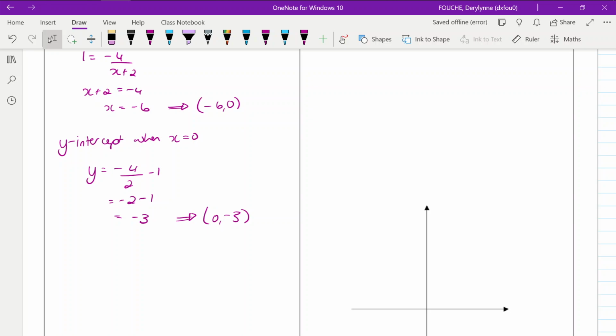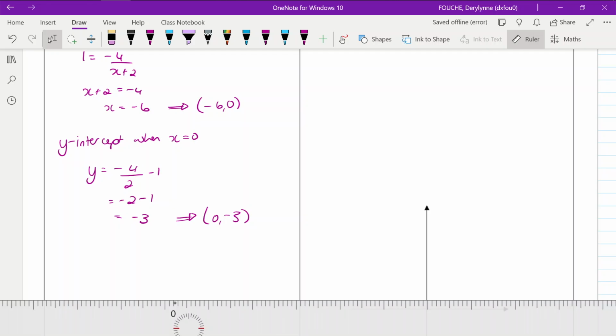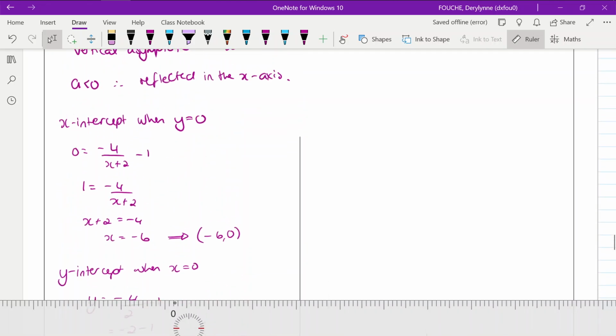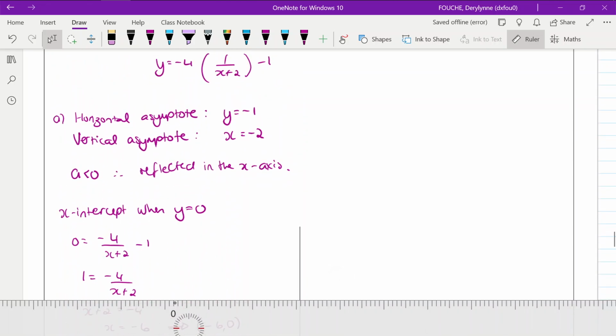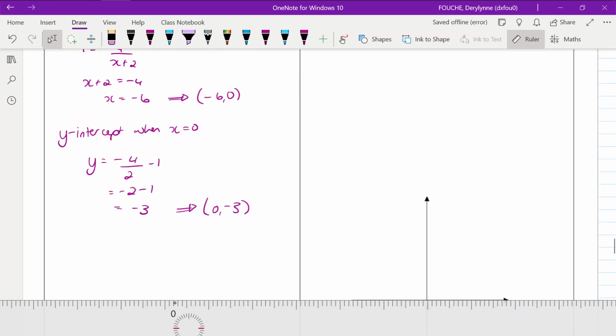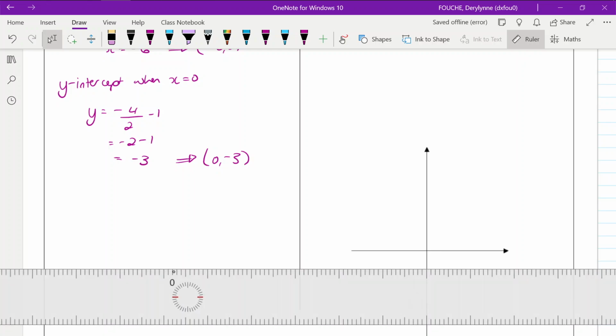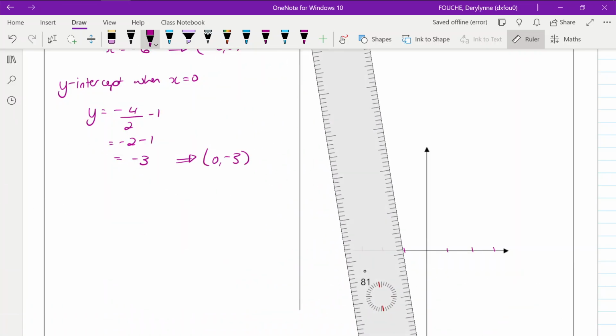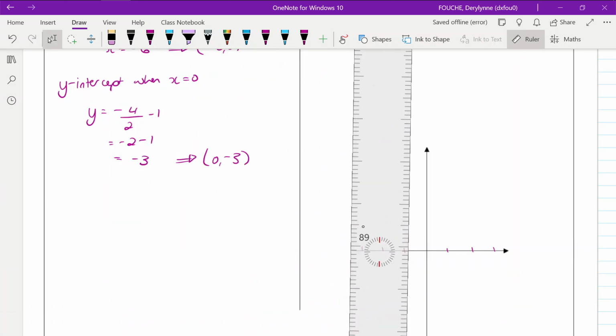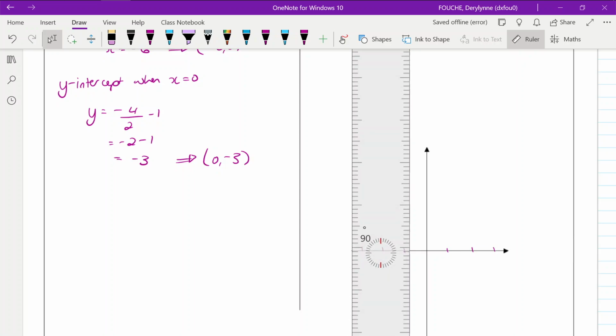Okay, what you'll see, let's put our asymptotes in. Let's start with our horizontal one. Horizontal asymptote at y equals -1. I don't know if they've given me a big enough graph, but anyway, let's try.